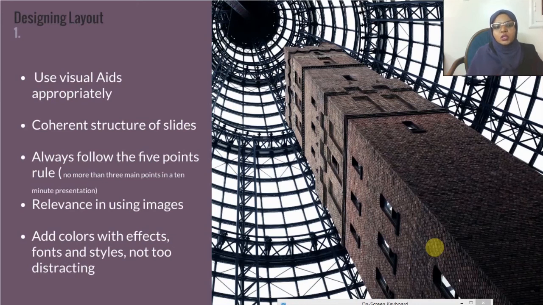So use visual aids appropriately. You mind the colors and the patterns, and also the quality of the pictures you offer. There should be a coherent structure of slides. When you move from one slide to the next slide, the audience can see that there is a clear link between the two.